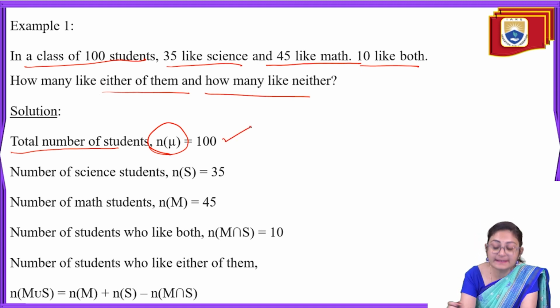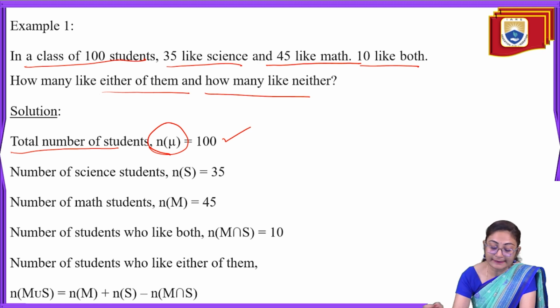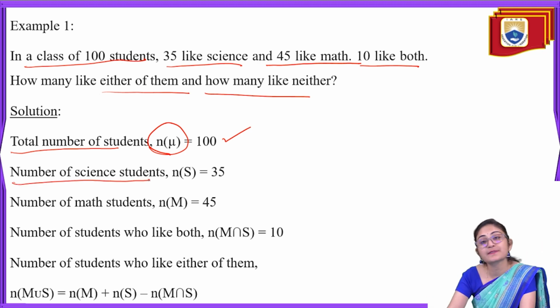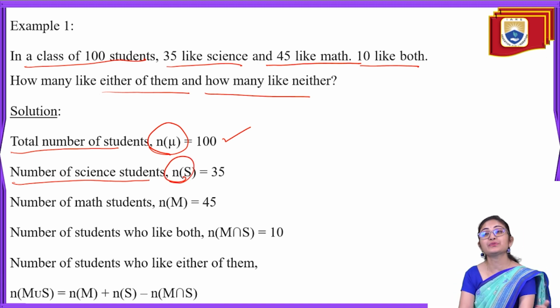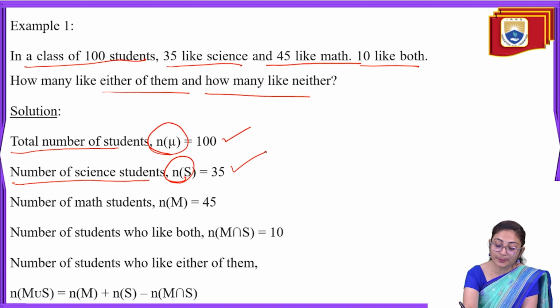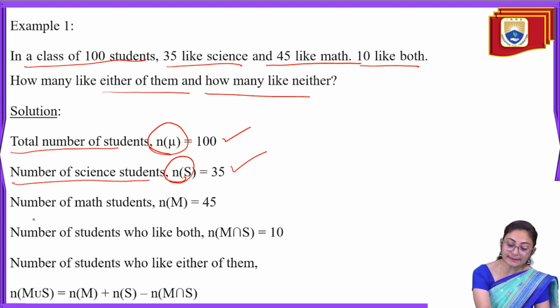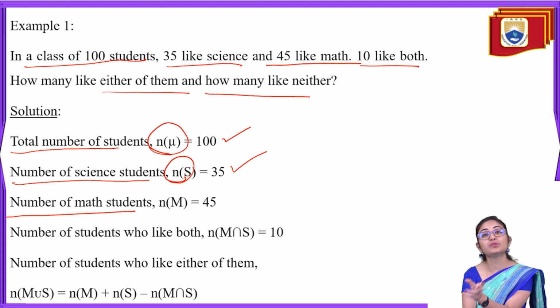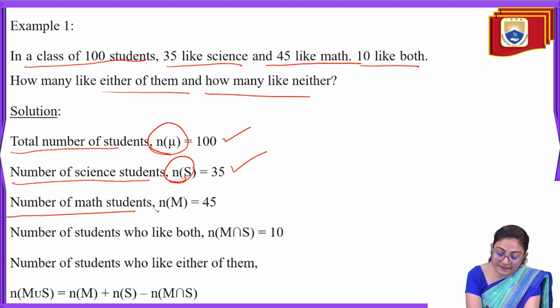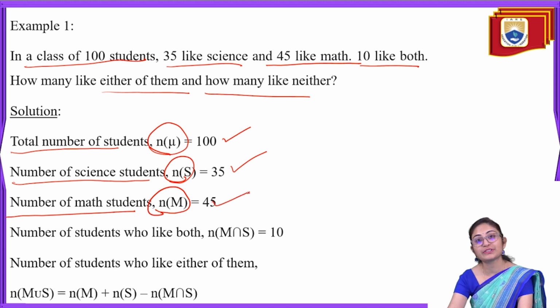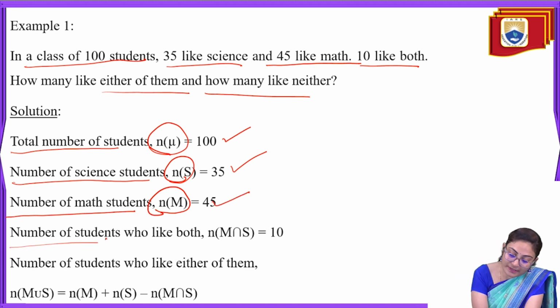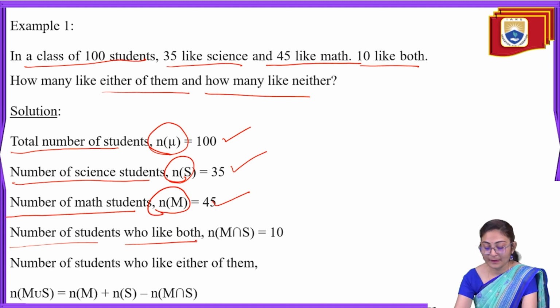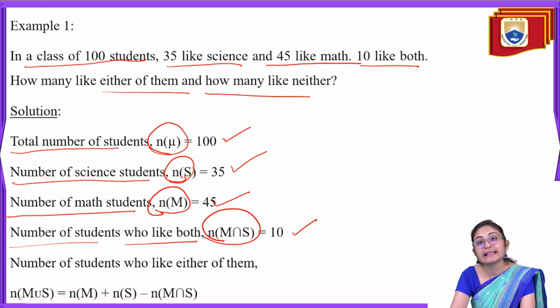That n of mu is 100. The number of students who like science we denote by n of s, which is 35. The number of students who like maths, n of m, is 45. The number of students who like both, n of m intersection s, is 10.